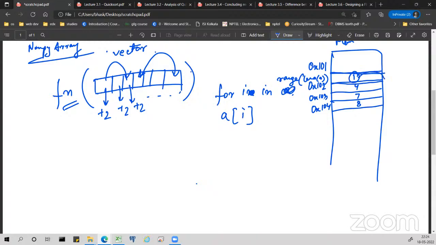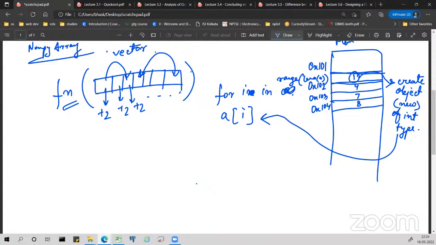It would copy this and create a new object of int type. In that new object it would copy the value and then return the reference of that new object to you, because 1478 has no individual object identity.